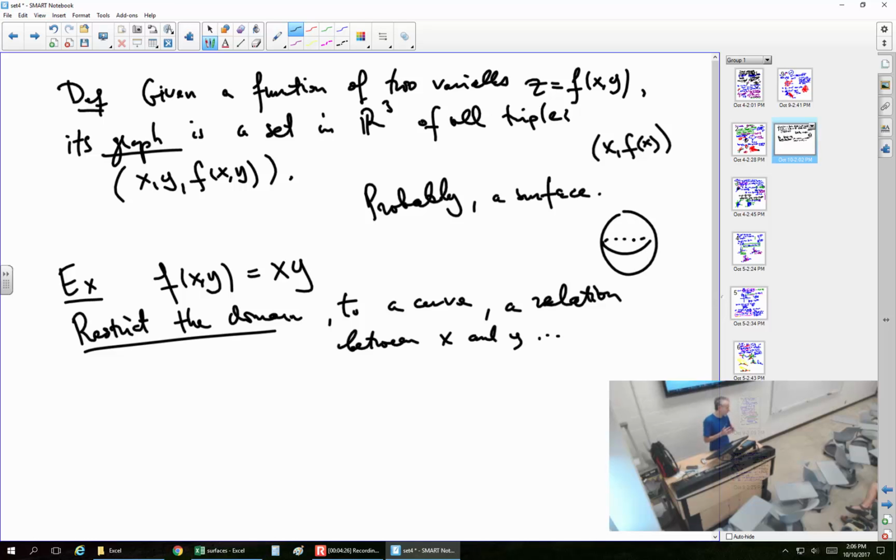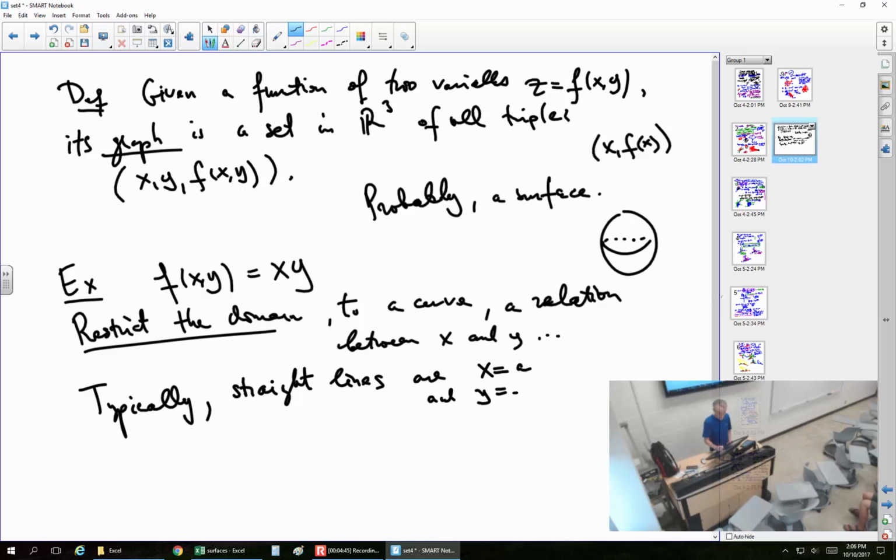You don't really want to go all the way with all the possible curves. We initially started with the example y equals x, but most typically those curves are really straight lines. So the straight lines that we pick specifically are x equals, say, a, and y equals b. So all possible on the xy plane.